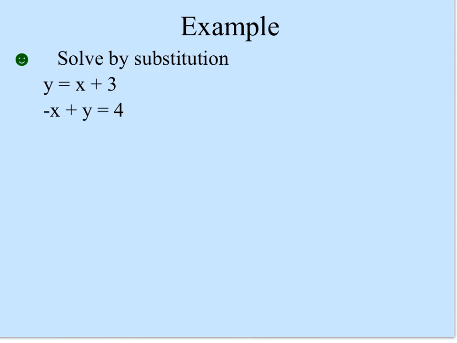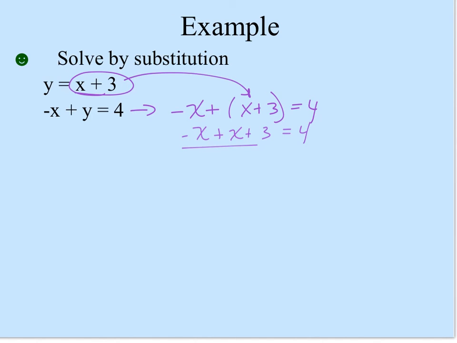Here's how that information looks in a problem. In this system, the first equation is already in slope-intercept form. It already has the y isolated. So I'm going to use that information in my second equation. So instead of y, I'm going to put in x plus 3. So I put this in place of where y used to be.